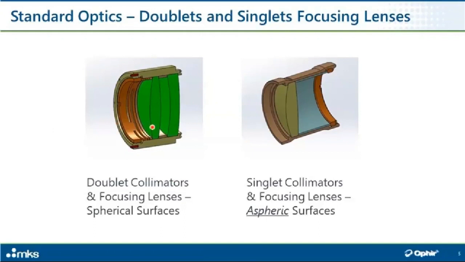However, if you use an aspheric surface, you can remove one optical element and use only one lens and still maintain the good beam quality required for cutting. This is achieved by the aspheric surface.